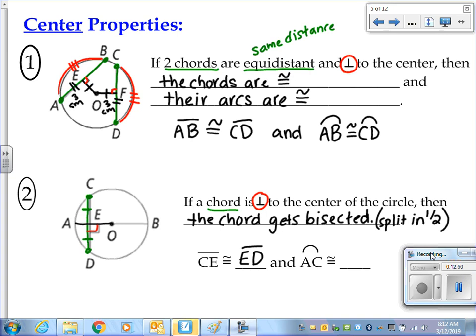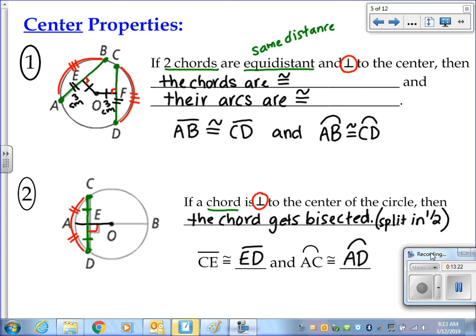If my chord is being split in half, what do you think is going to happen to its arc? It's also going to get split in half. So the first part, which would be CA, would be congruent to the second part, which would be arc AD. So this is saying arc AC would be congruent to arc AD.